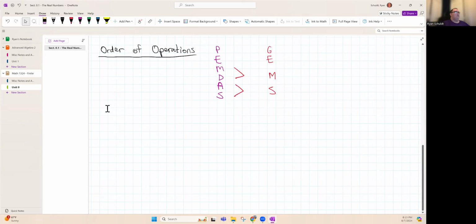All right. Then we've got inequalities. What does this sign mean? That means less than. If we put a line under it, that would mean less than or equal to.